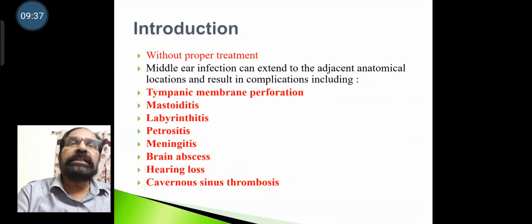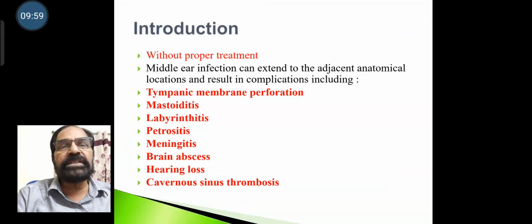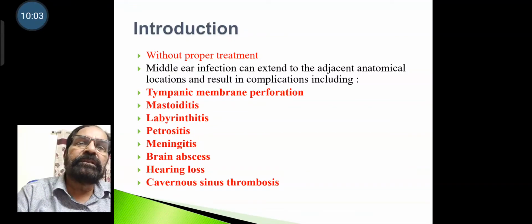Without proper treatment, middle ear infection can extend to adjacent anatomical locations and result in complications which include tympanic membrane perforation, mastoiditis, labyrinthitis, petrositis, meningitis, brain abscess, hearing loss, and cavernous sinus thrombosis.